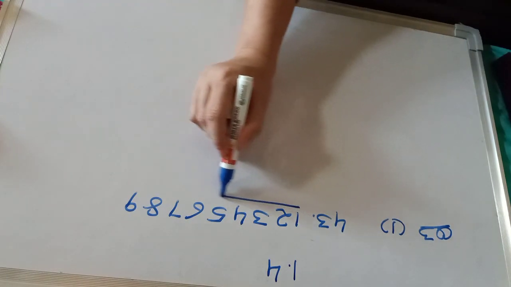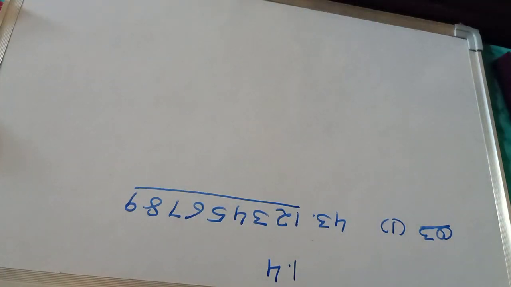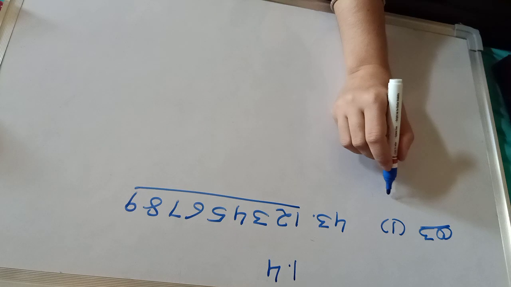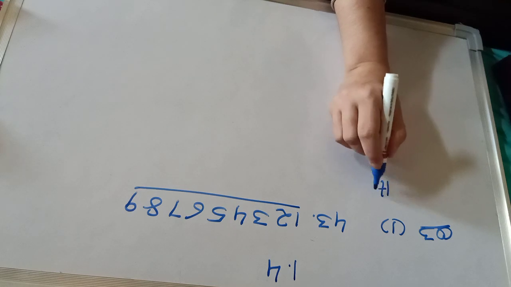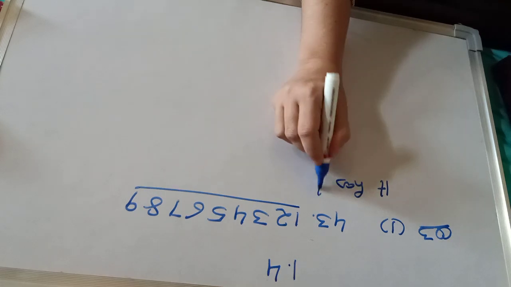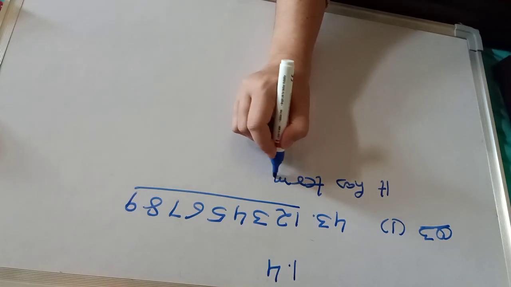Now after decimal they have 9 digits, but after that it's not repeating. Means what type of decimal expansion it has? It has terminating decimal expansion.